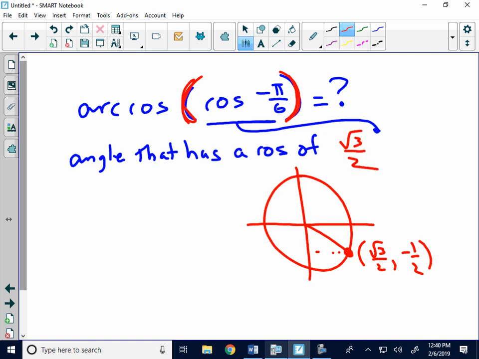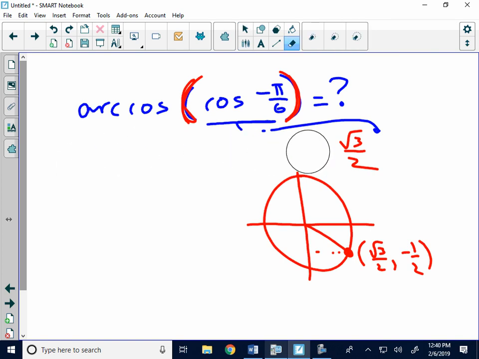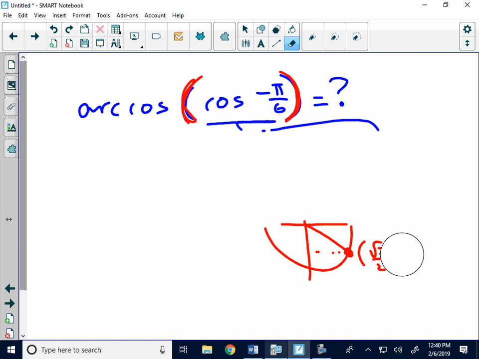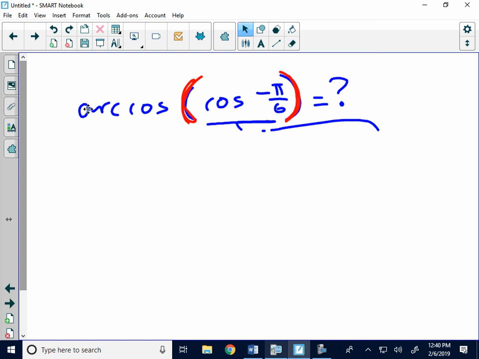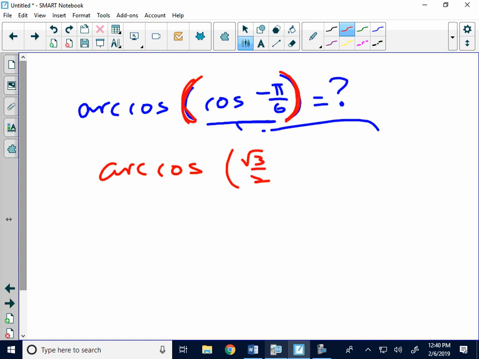And so now our problem is, what is the arc that has a cosine of square root of 3 over 2? That's the question, because this part was square root of 3 over 2.